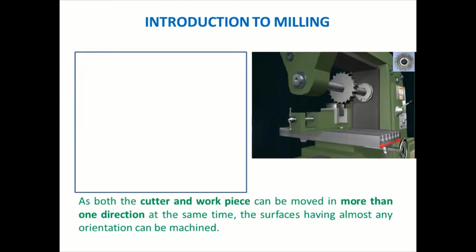Third, you can see what is called the cross direction, or also the transverse direction. So a minimum of these three directions is possible, and along with that one more movement, the swiveling of the table, is also possible. Due to that reason, you can cut different profiles on the milling machine.